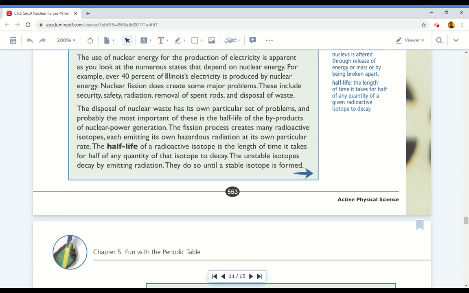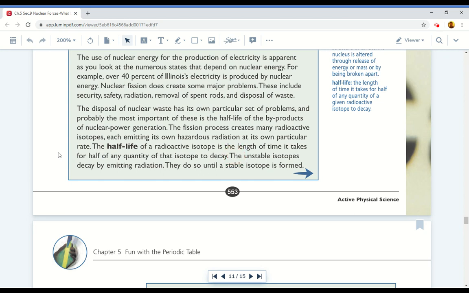The fission process creates many radioactive isotopes, each emitting its own hazardous radiation at its own particular rate. The half-life of a radioactive isotope is the length of time it takes for half of any quantity of that isotope to decay.